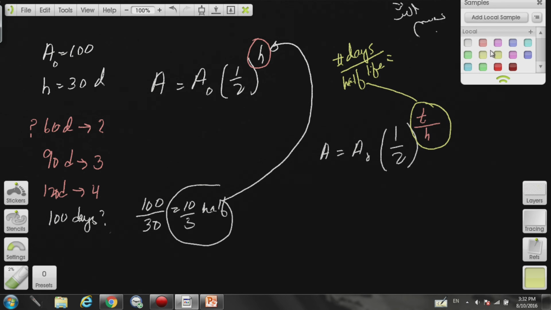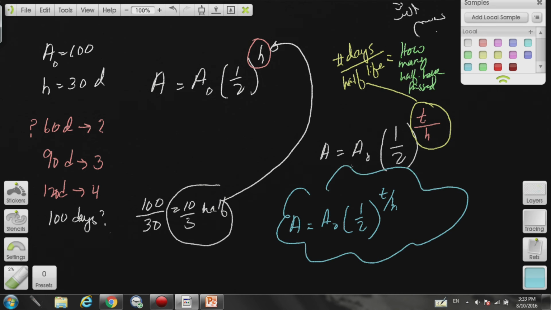This gives you how many half-lives have passed. And you substitute that over there. And this is the reason why the half-life formula looks like this: T divided by H. I hope you appreciate this.